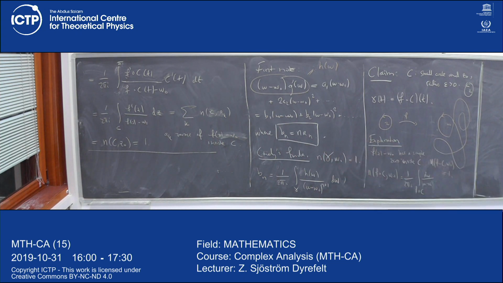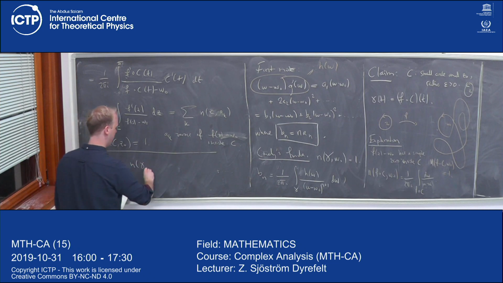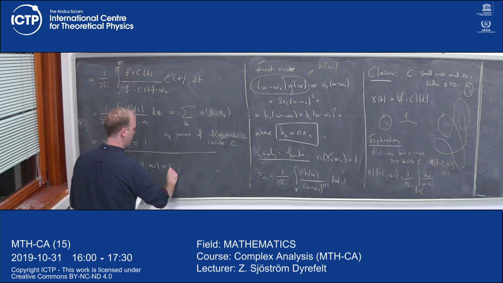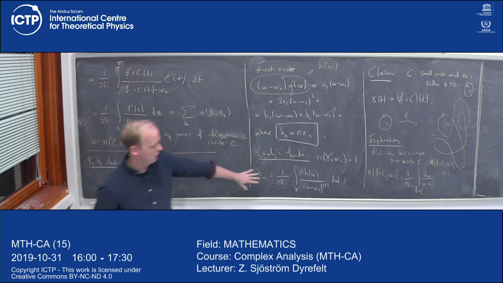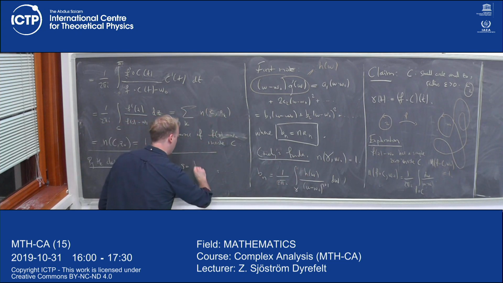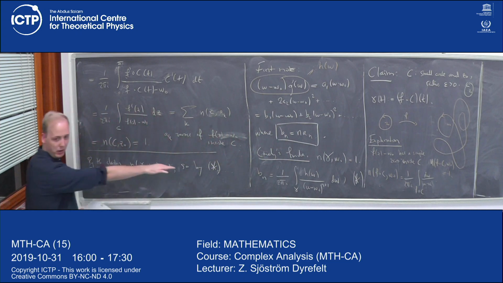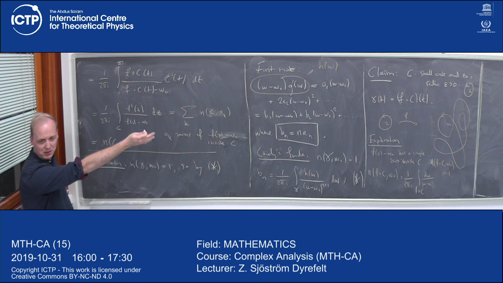And now, by the claim, the winding number of this gamma around W0 is equal to 1, so we can apply this formula. By this star thing here, we continue our computation. We had to do a little pause here to see that we could apply it to this gamma.